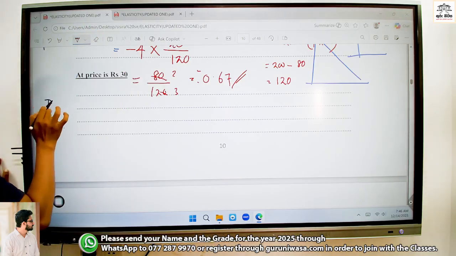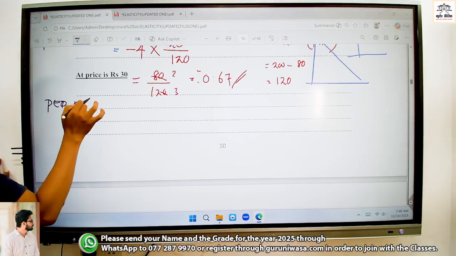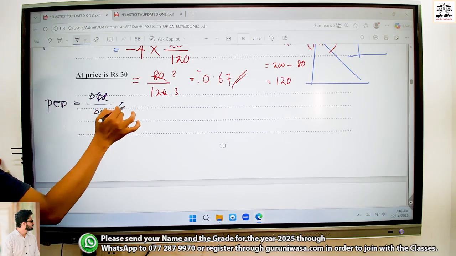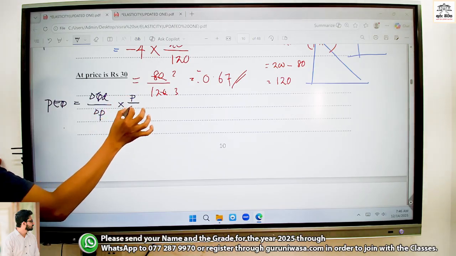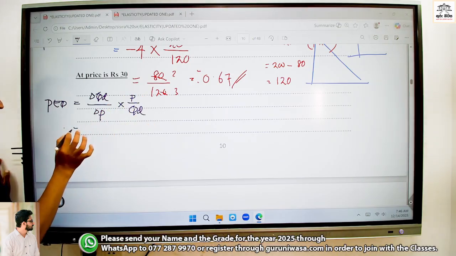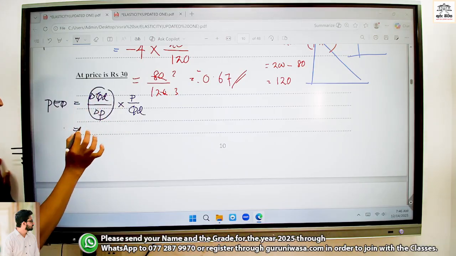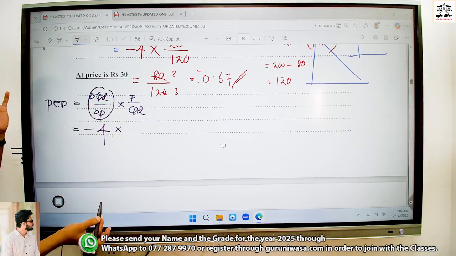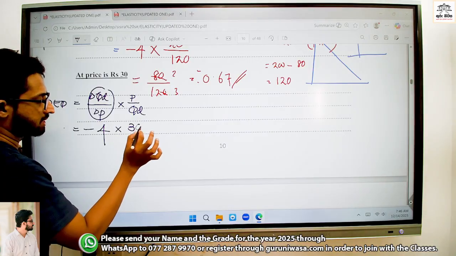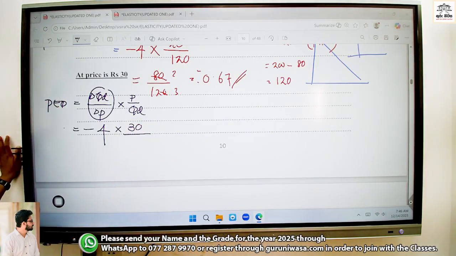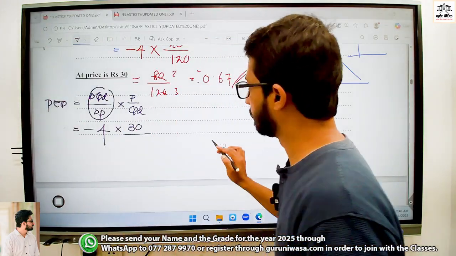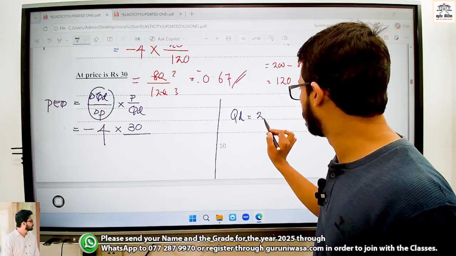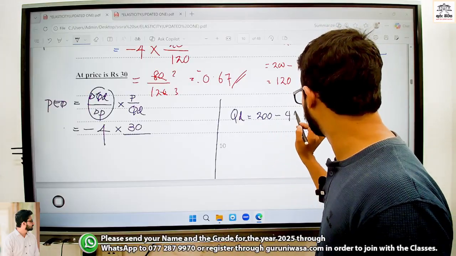Equation PED equals delta QD over delta P into P over QD. Delta QD over delta P is the slope of the demand curve. Slope does not change point to point. Slope is minus 4 into price. I'm calculating price elasticity of demand at price 30, divided by the quantity demanded at price 30. Use the equation QD equals 200 minus 4P.